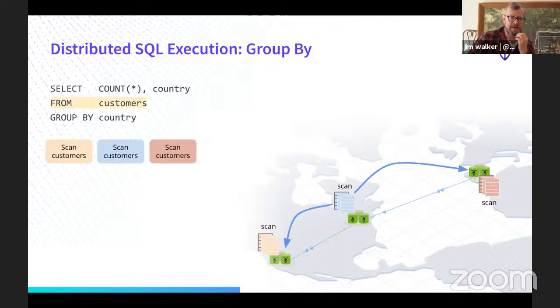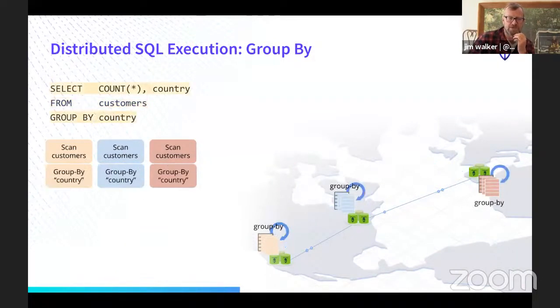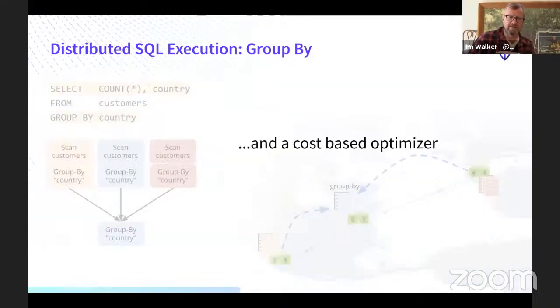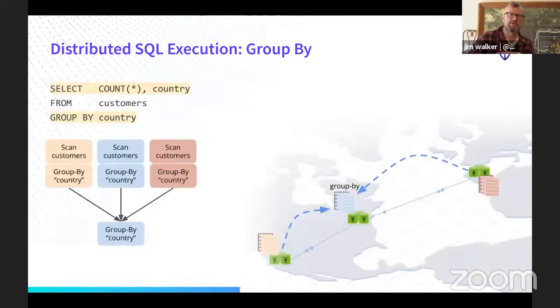I'm going to scan all the customers in one range, scan the customers in another range, scan the customers in the red range, and pull all that together. I'm going to do this group by country and do a count on each of the nodes in each of the regions. Then I'm going to bring that all back to one place where I originally asked, that original gateway, and return that back to the end user. So it's kind of like, let's map this out to all the places and bring it back. This is all part of this distributed SQL execution.